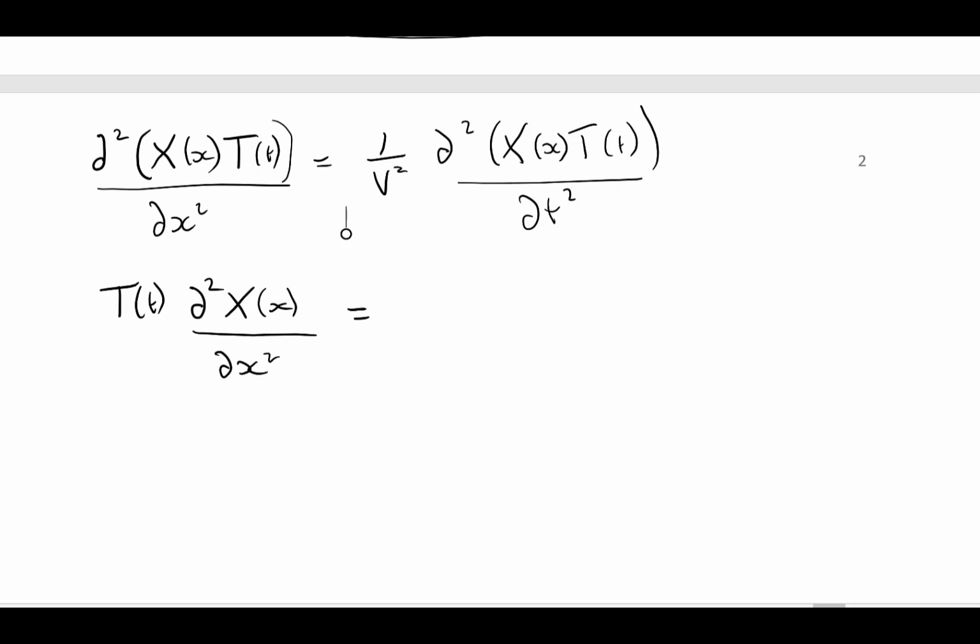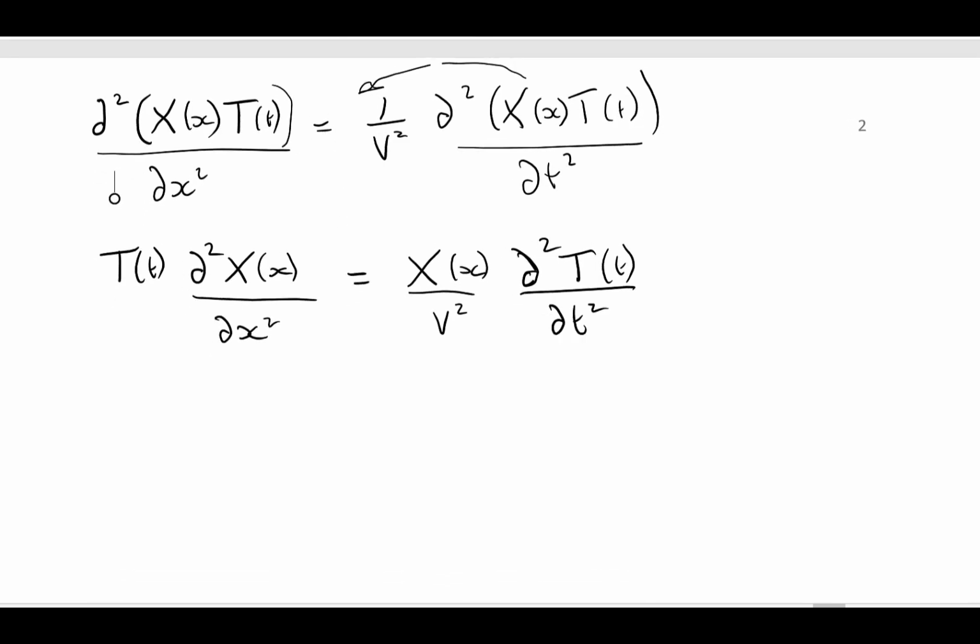Now we're going to also bring the X out here, right? So we don't need that X in place here. So we've got now X over v squared, because now we're taking the derivative, if you will, of T of t. Okay, so we have our new expression.